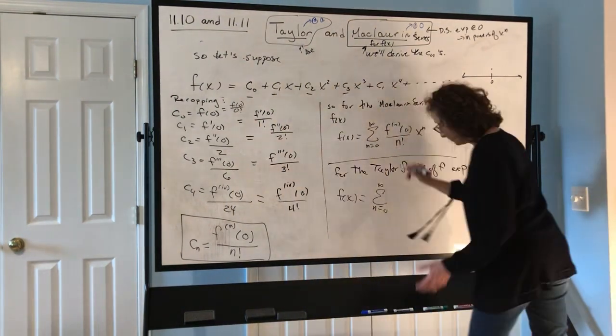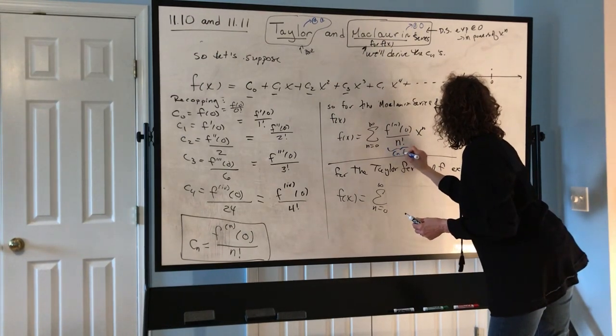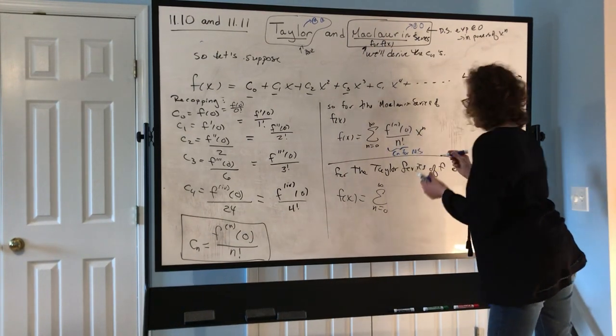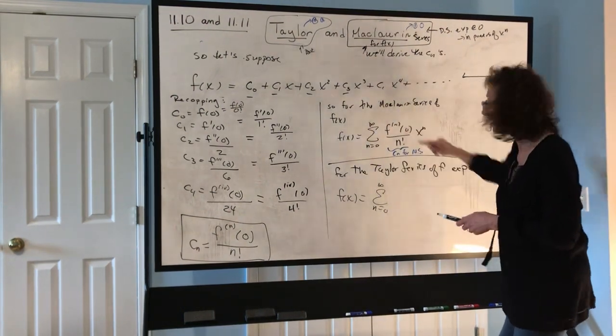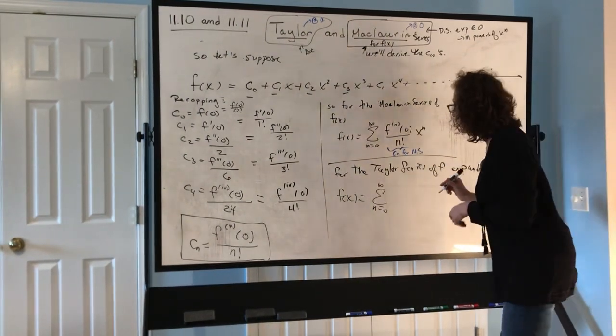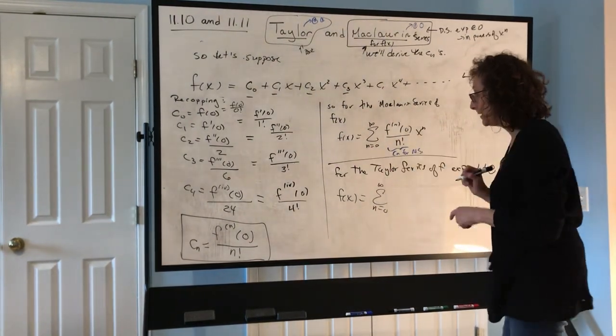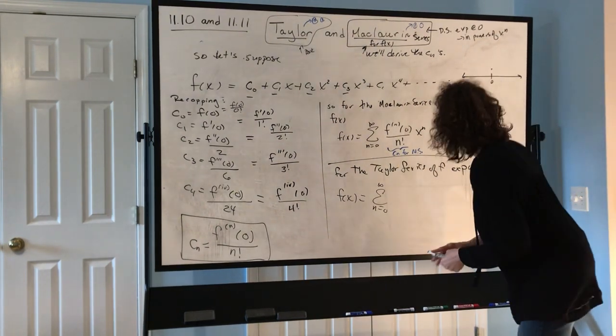Remember, these guys are our cn's for our Maclaurin series. Maclaurin just means expanded about 0, so you never forget to evaluate that at 0. These guys are numbers, not functions of x. You saw that, right? For a Taylor series, how's that going to change?